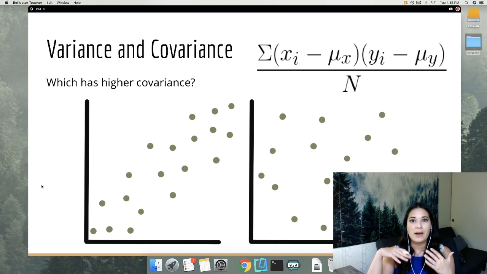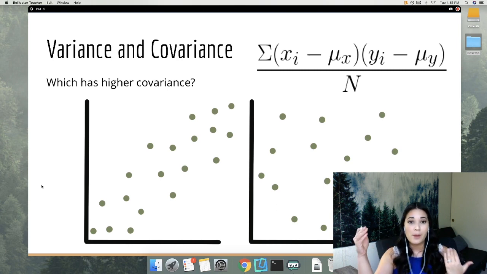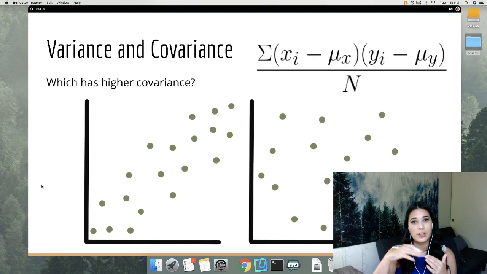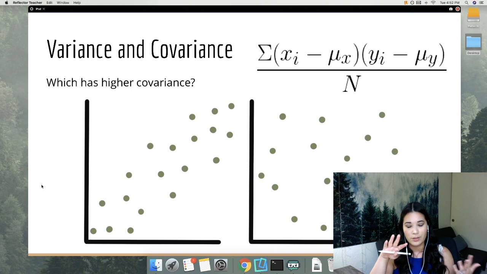So if you have two variables, let's say height and weight, and as one goes up, the other one tends to go up, that's going to have very high positive covariance because as one thing goes up, the other one also goes up.